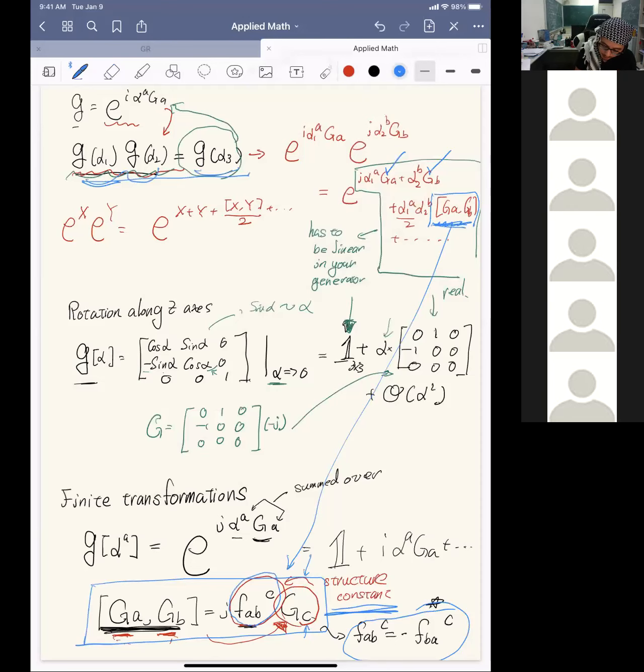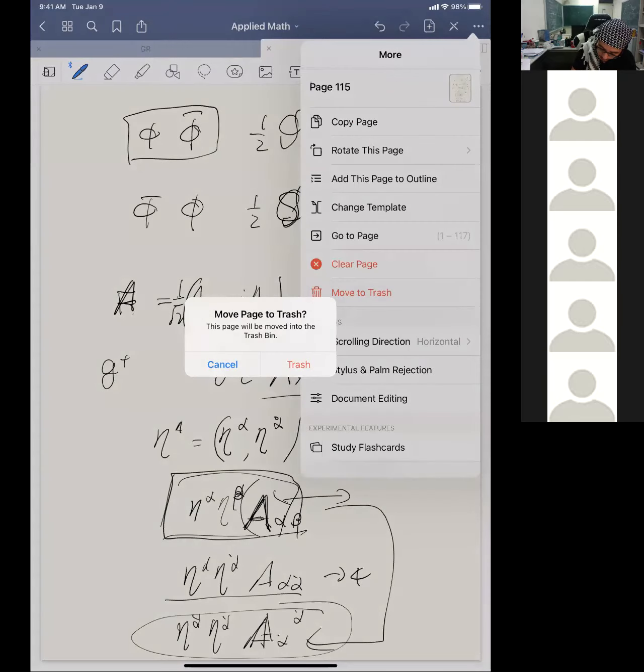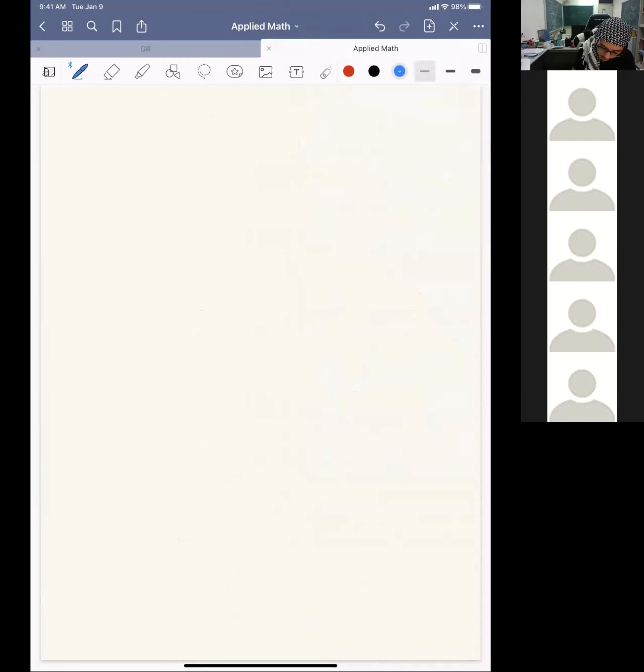And in particular, f^{ABC} must satisfy a non-trivial identity because of the Bianchi identity, which is the following: the sum of nested commutators is 0. So if you write this out, then this is 0.